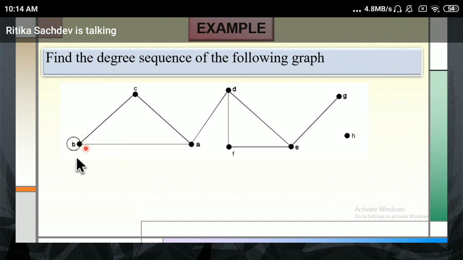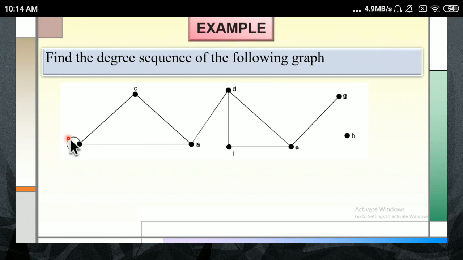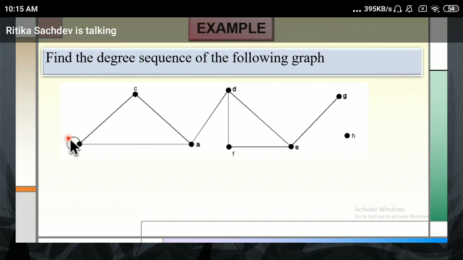In the last session also, you have not counted this B. How much time does it require you to pass a degree sequence for this?